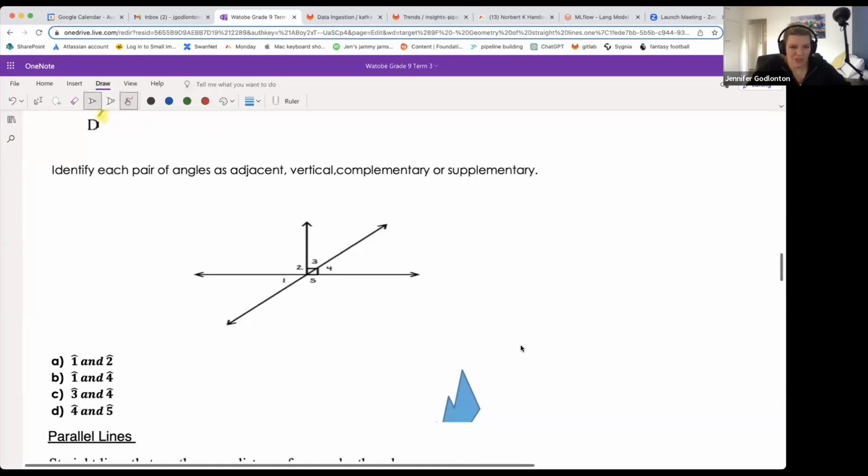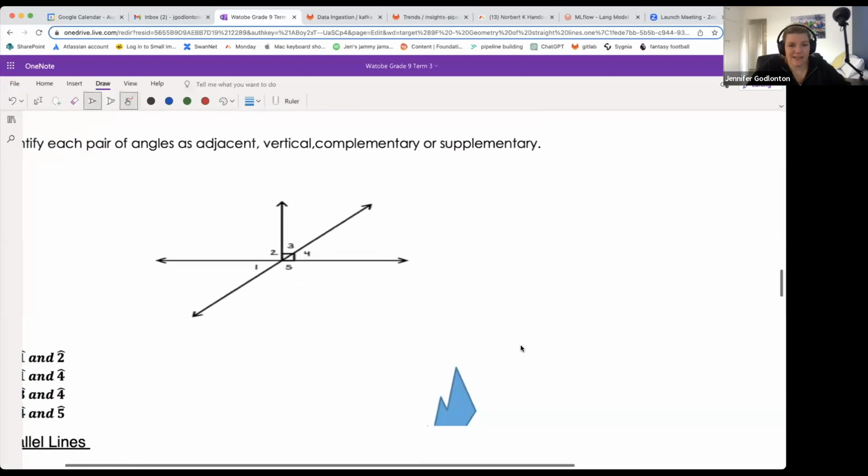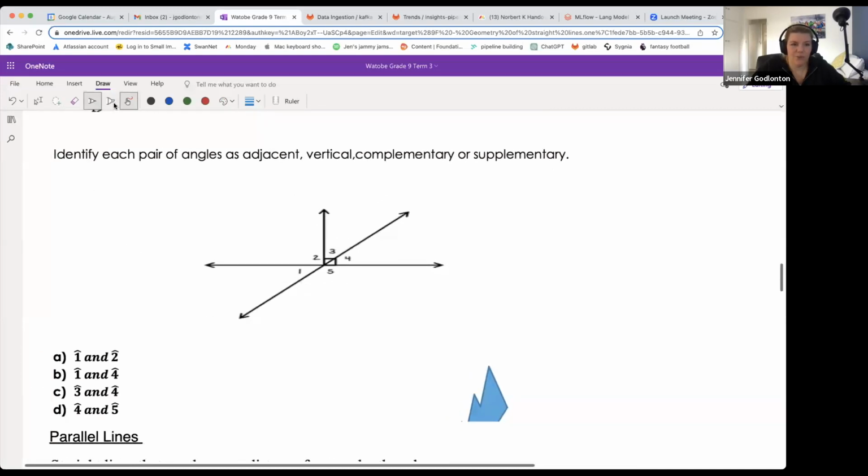Okay, so in this question, we are trying to identify different things. So we've got a few different words here that I want us to just go over and make sure that we all know. So adjacent, we've already spoken about. So we know that adjacent means next to, okay? Vertical angles, when we're thinking of vertically opposite angles, that's what we just did now. That's when you're going to be thinking of your bow tie situation, okay? What does complementary mean?